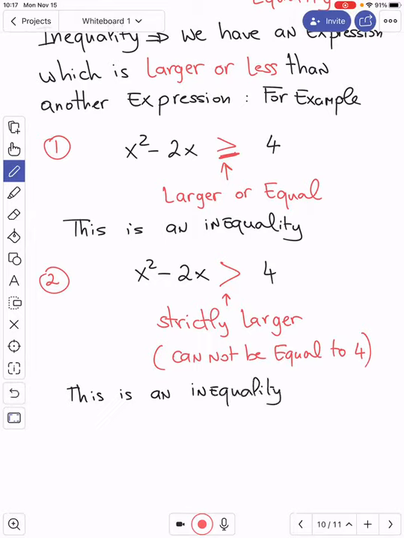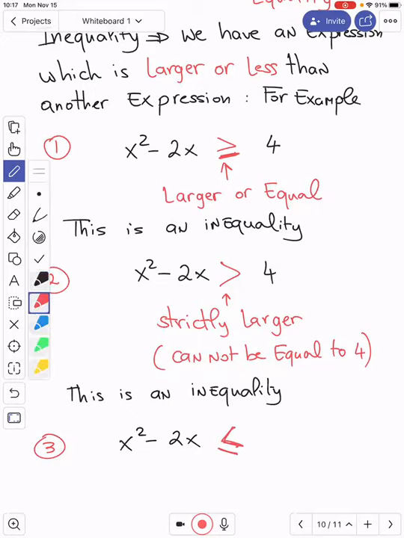And then the third possible inequality is, of course, less or equal or strictly less. So we can have, for example, x squared minus 2x. If you reverse the inequality here, this is less or equal.